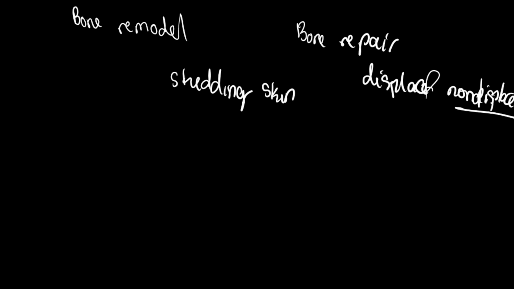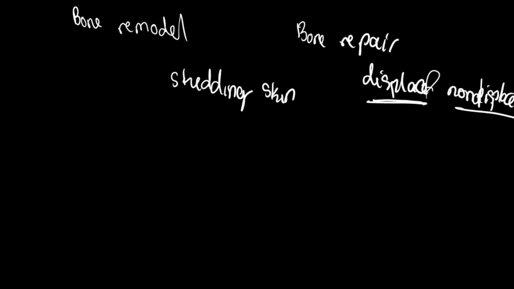However, if it shifts out of its original position, then it is displaced. This is based on the position of the ends of the bone after the fracture. Now, depending on the completeness of the fracture, does the fracture actually break through the entirety of the bone, or is it more or less just a crack?